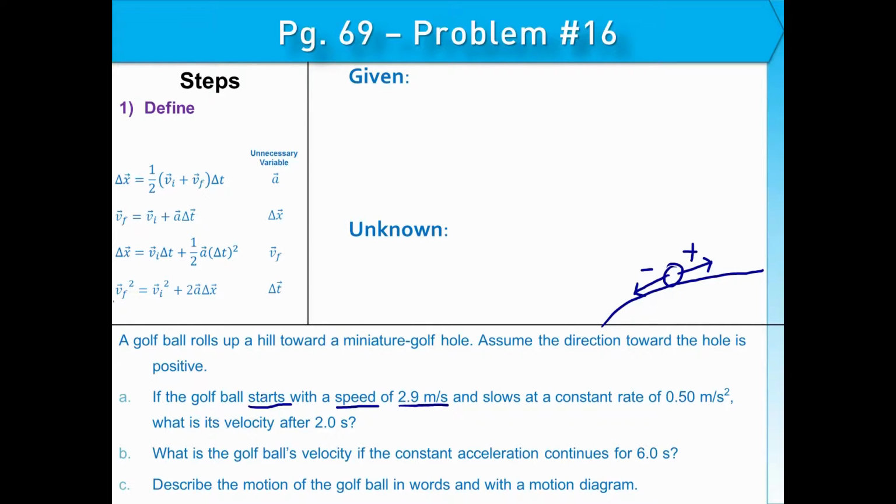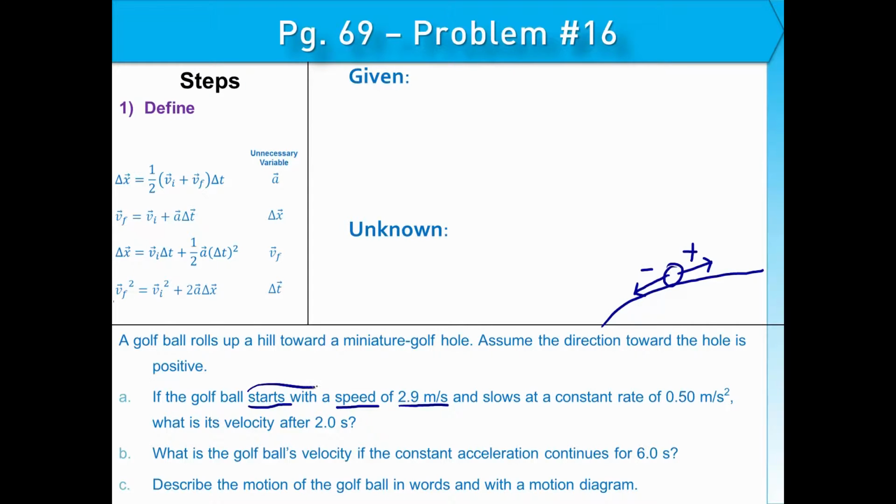Meters per second is the unit for velocity. I'm given the speed, which is the magnitude of velocity, and I have the word starts. All three terms refer to an initial velocity of 2.9 meters per second.